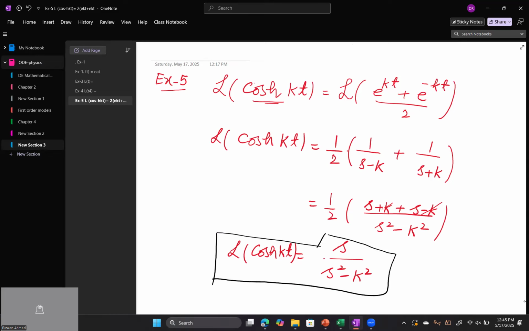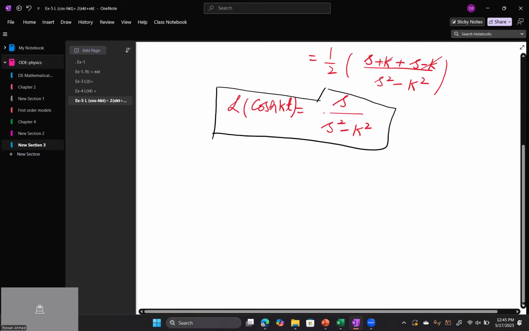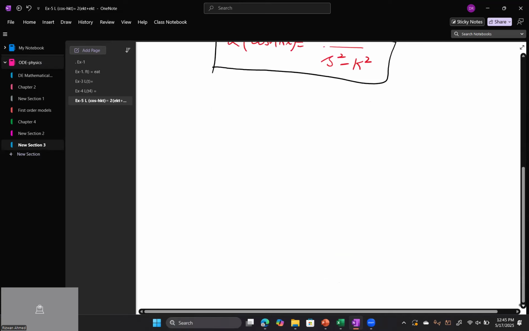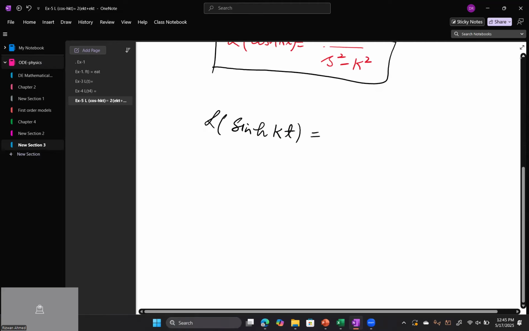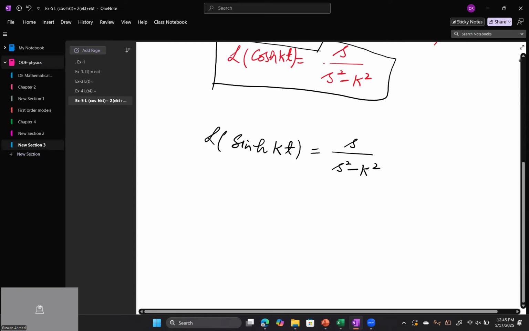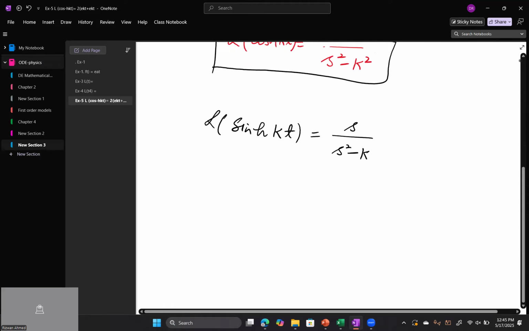Similarly, it is apparent that for the other function, sine hyperbolic kt, it will be different than the cos hyperbolic.